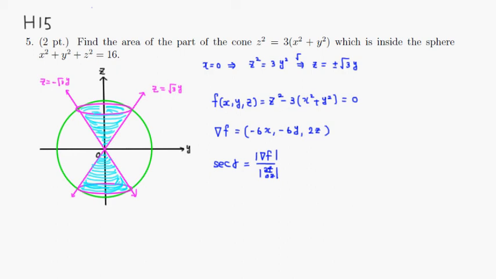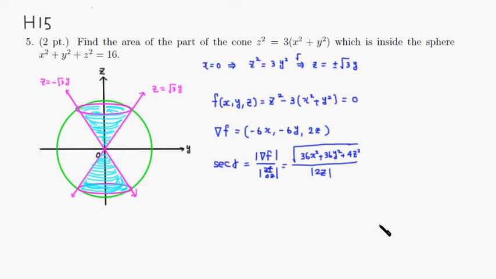The magnitude of the gradient of f is the square root of 36x squared plus 36y squared plus 4z squared. The partial with respect to z is 2z, and you can put the absolute value sign.